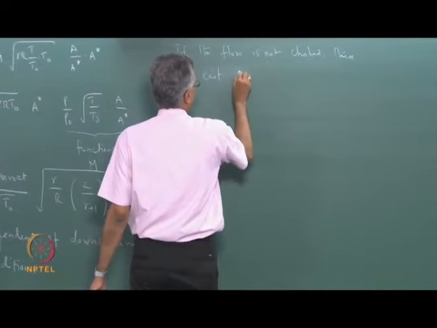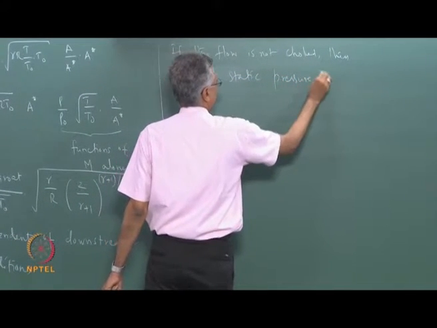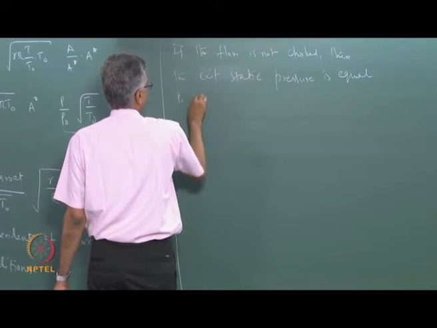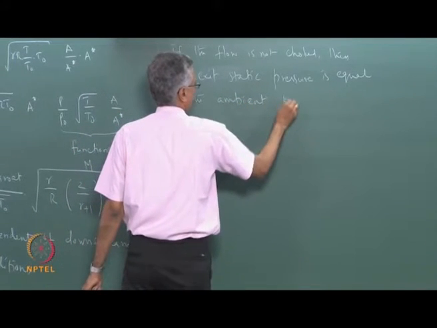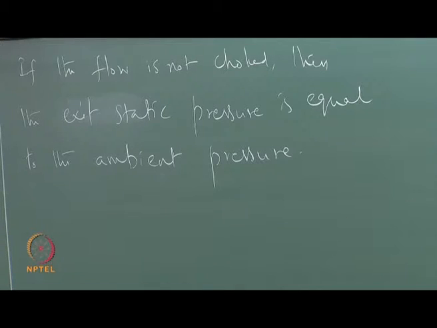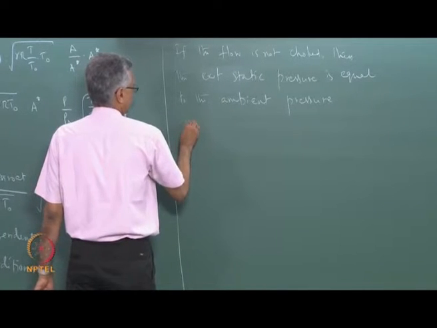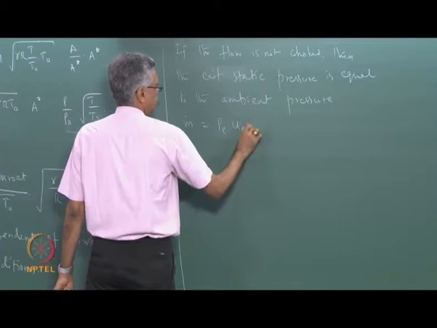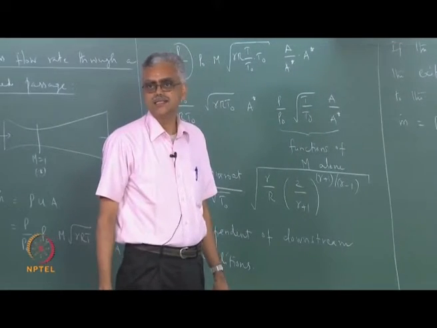The exit static pressure is equal to the ambient pressure, right? Then mass flow rate through the nozzle in this case can be written as m dot equal to rho e times ue times ae, where the subscript e refers to exit conditions.